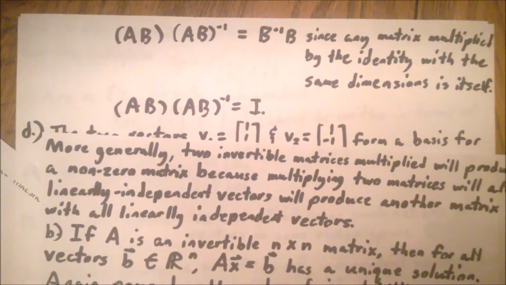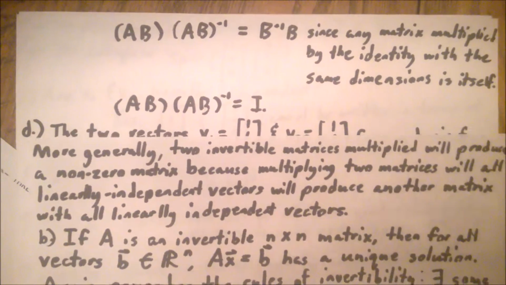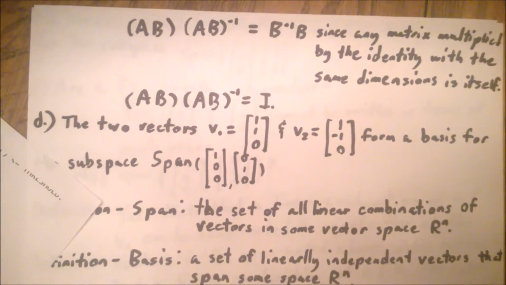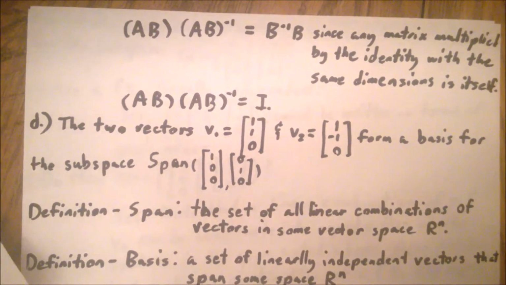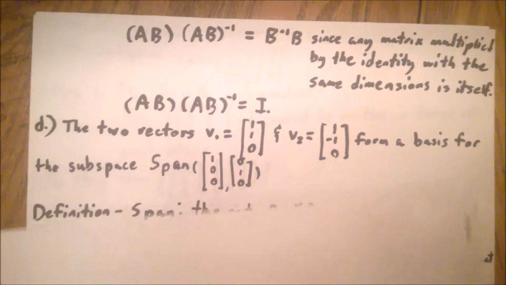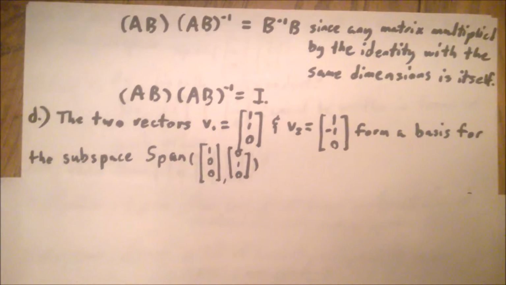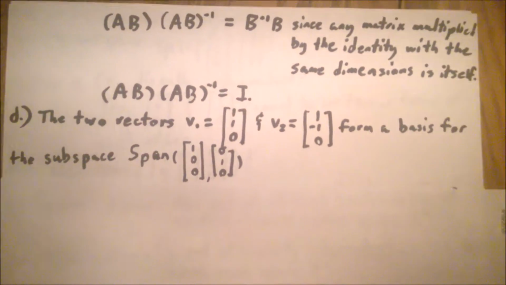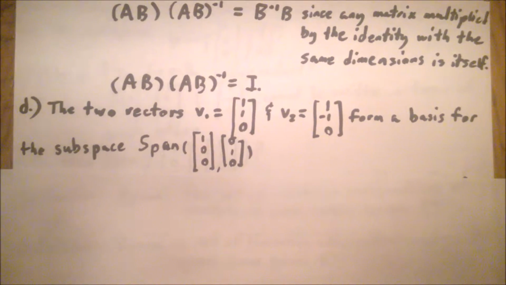So because these matrices multiply out and they become the identity, we can see here that the inverse of AB times the original matrix AB are all equal to each other. So, when multiplied, they will equal out to the identity matrix.